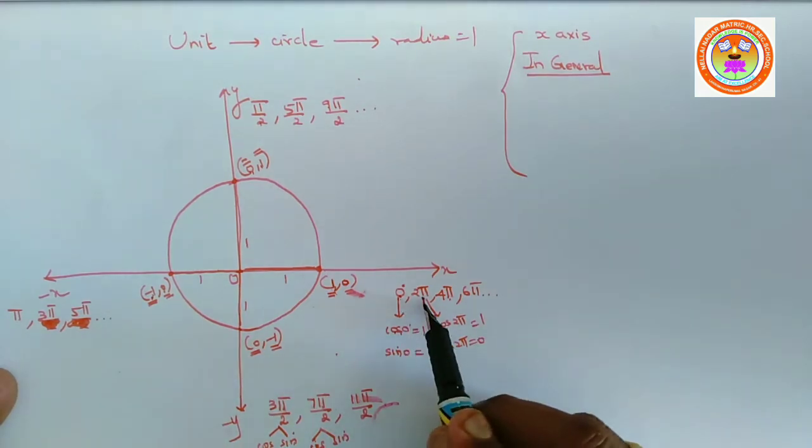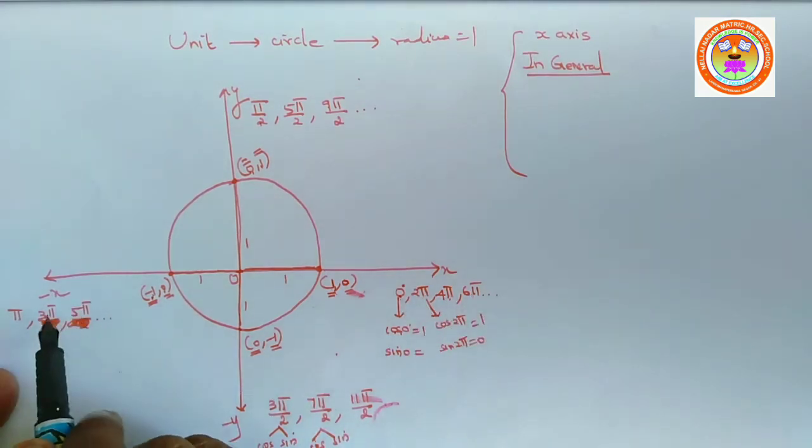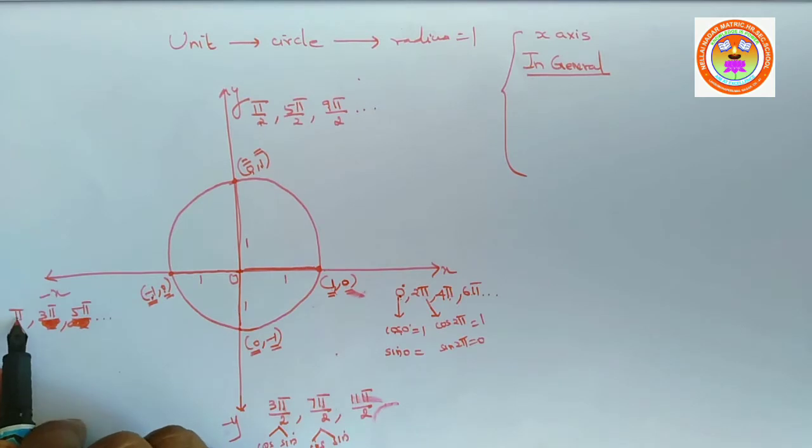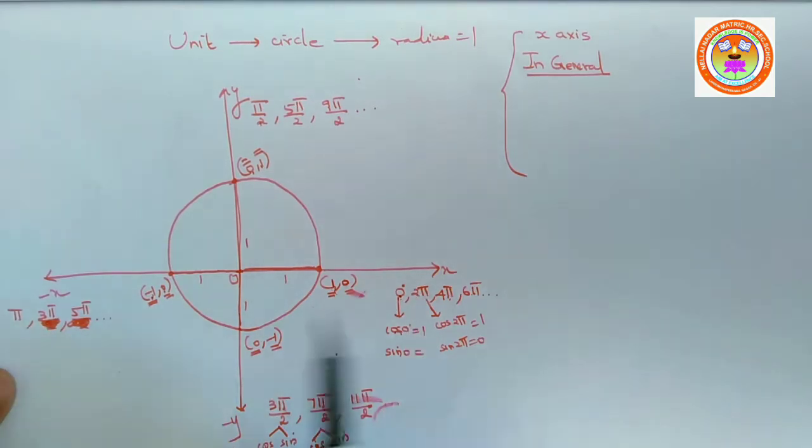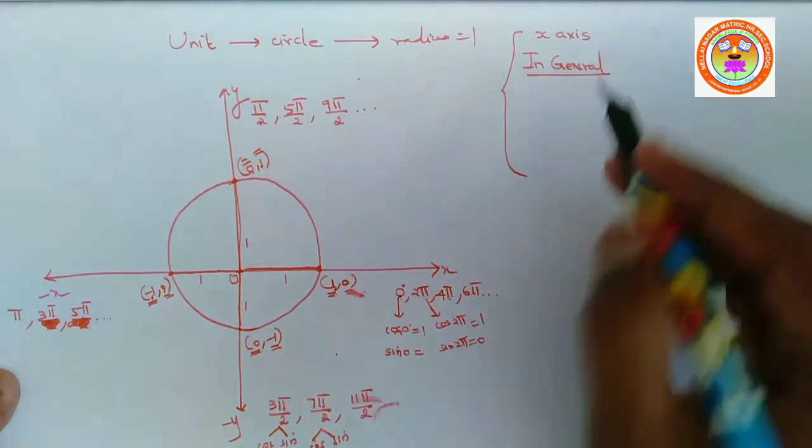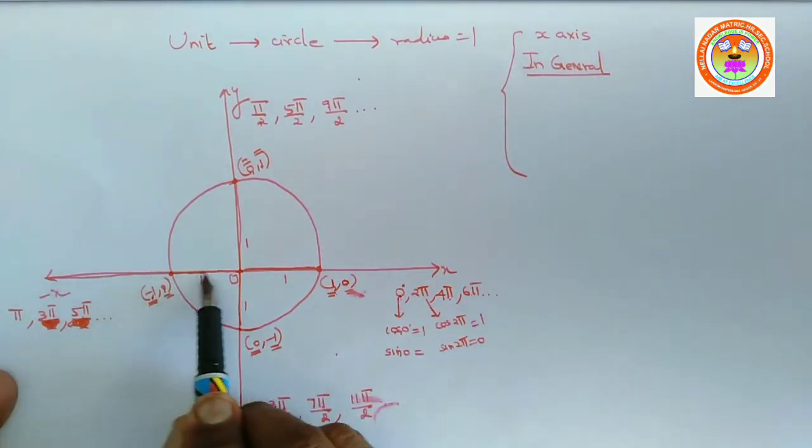Sorry students, these are pi only, not pi by 2. So these are the points on the x-axis: 0, pi, 2 pi, 3 pi, 4 pi, 5 pi.